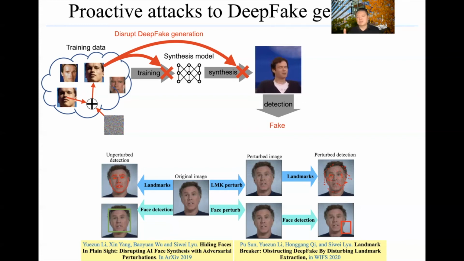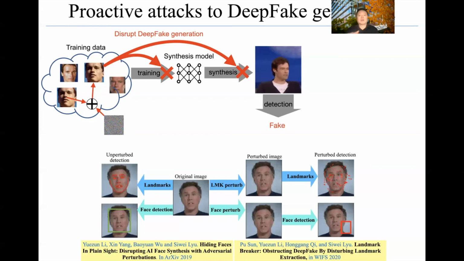So you can imagine that this method can be used as a plug-in before any individual's images or videos are uploaded to a social platform, where they can have a little check box saying, protect my data from being used for deepfake generation. This kind of adversarial perturbation will be automatically generated and embedded into those media.